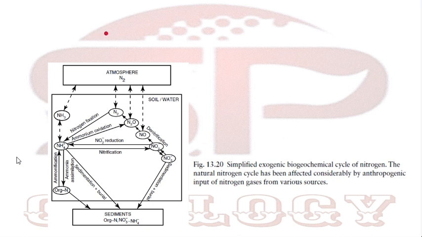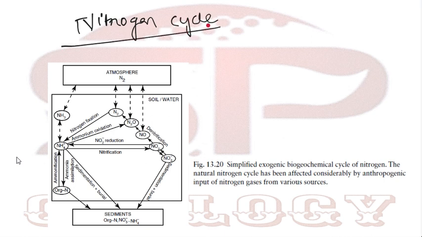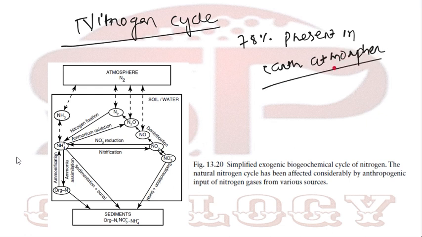Then is your nitrogen cycle. So there is 78% of nitrogen present within the Earth's atmosphere, but it is not directly used.